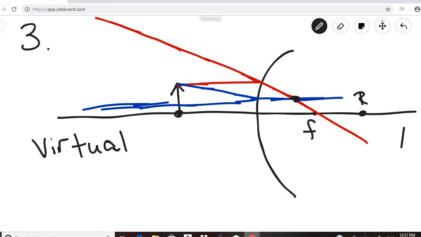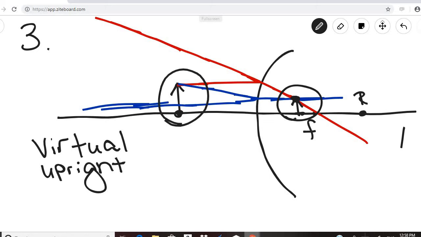So the object will look like it's coming from the other side of the mirror. So it's not a real image. This is the bottom, so this is the top. So it's upright. And if we look at the size, this is smaller than this. So it is reduced.